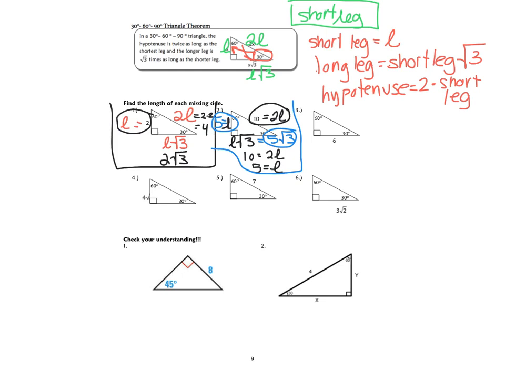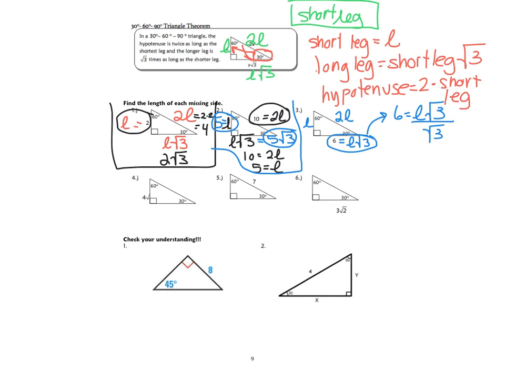All right, number 6, I'm given the long leg, and I know I'm given the long leg because it's across from the biggest angle other than 90, the 60-degree angle. So this is L root 3, hypotenuse is 2L, short leg is L. Let's take this and solve it for L. So 6 equals L times the square root of 3.